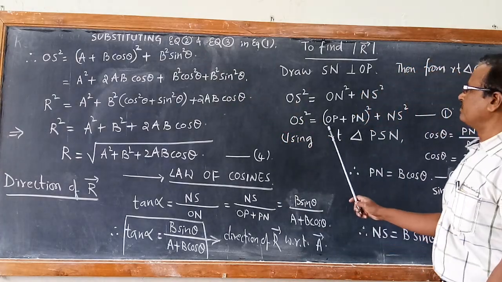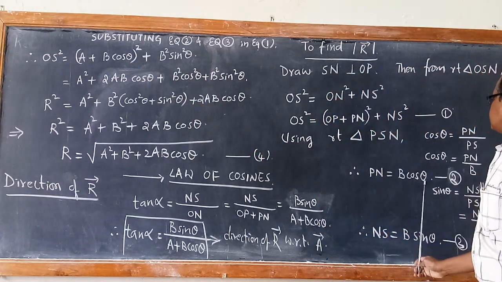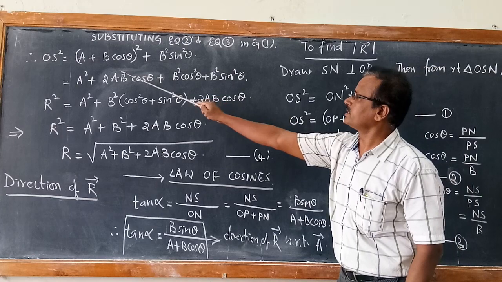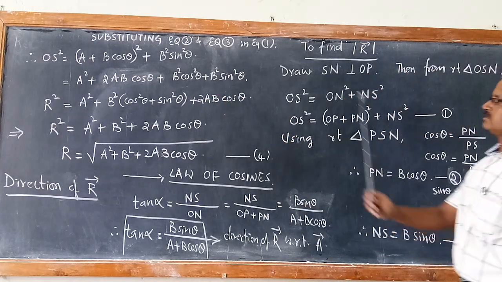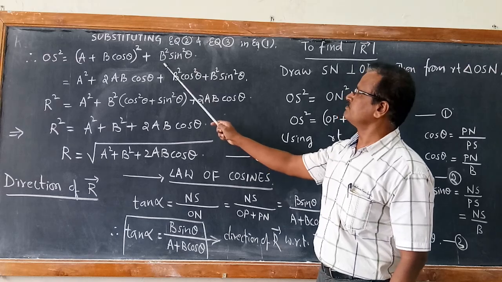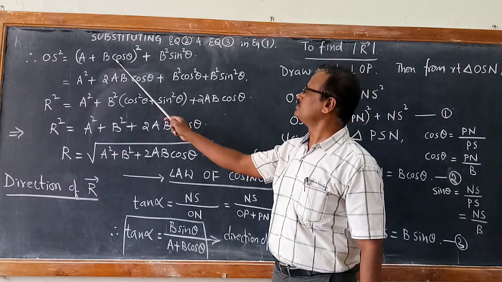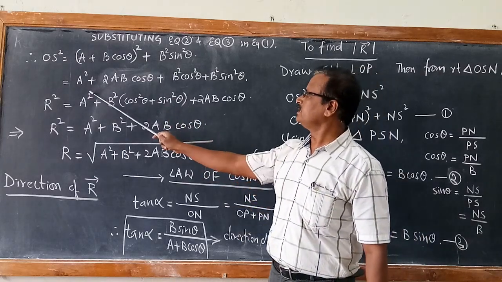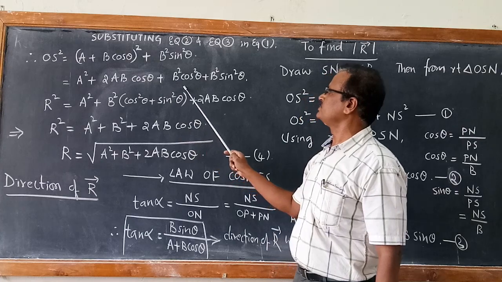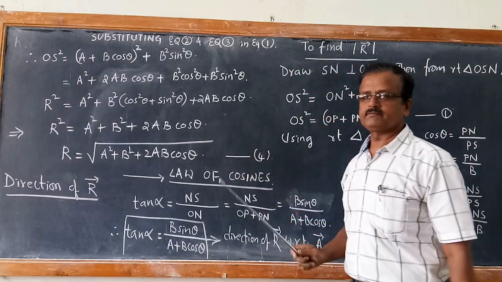Subsequently we get OP as A plus B cos theta whole square, and NS is B sin theta. B sin theta whole square becomes B square sin square theta. So A plus B cos theta whole square plus B square sin square theta. Simplify this. A square plus 2AB cos theta plus B square cos square theta plus B square sin square theta.